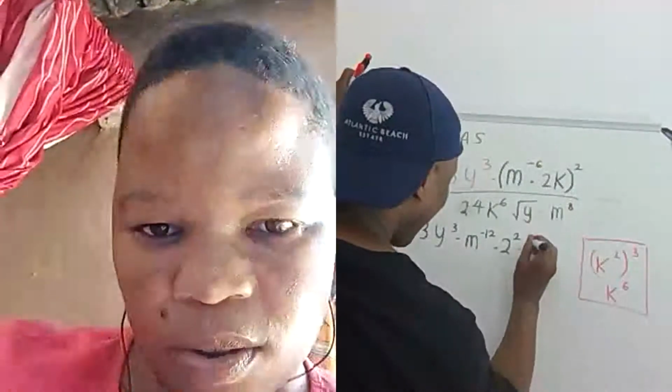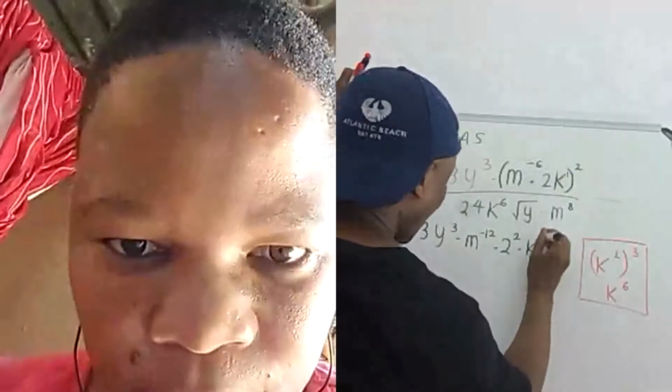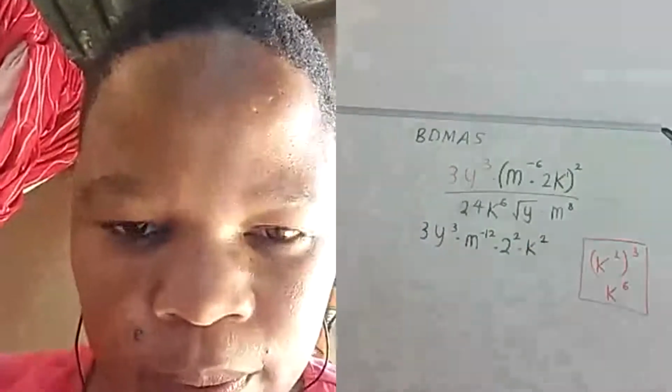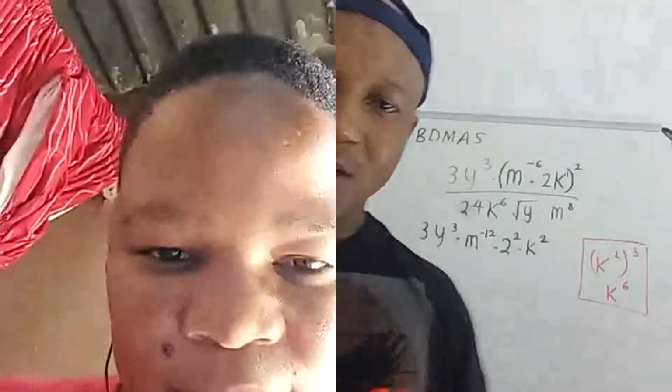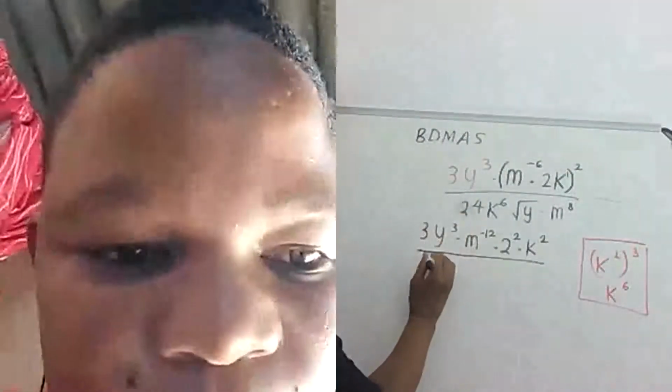Then we multiply by k: remember here the exponent is 1, so 1 times 2 equals 2. Do you understand? Is it clear? Yes, it's clear.